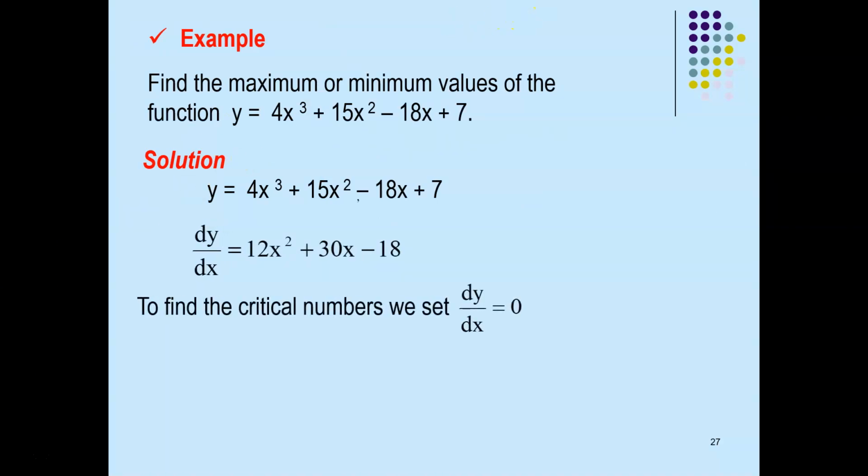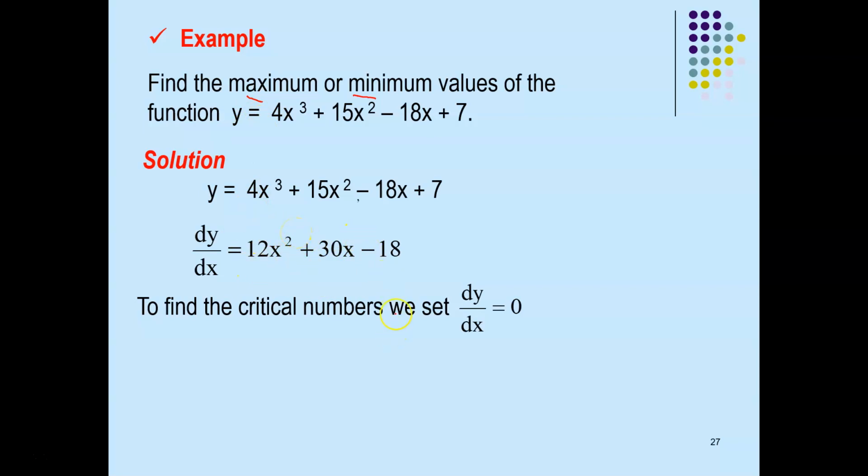Find the maximum or minimum values of the function. Okay, given that the function is this, quite long. So what you need to do first is differentiate the function. So you have dy over dx. Remember, why do I need to differentiate?